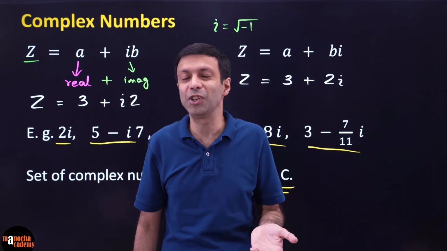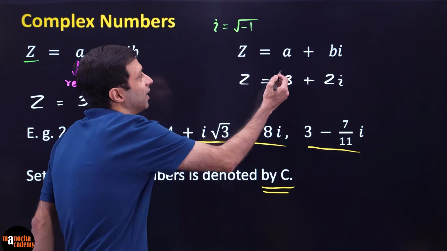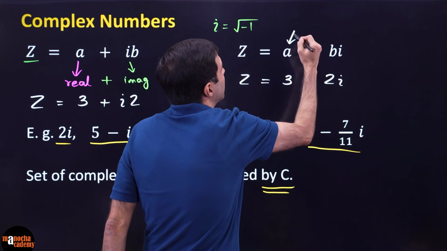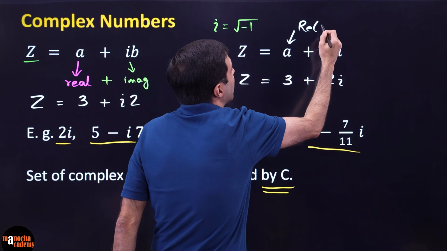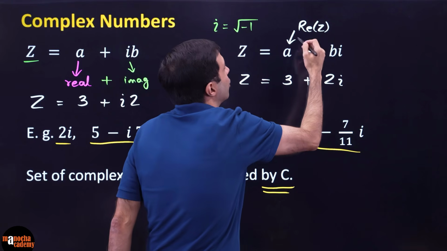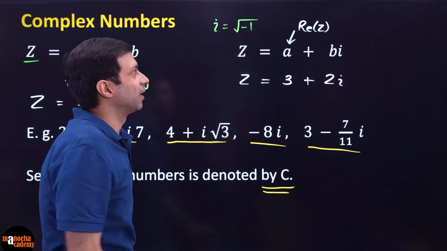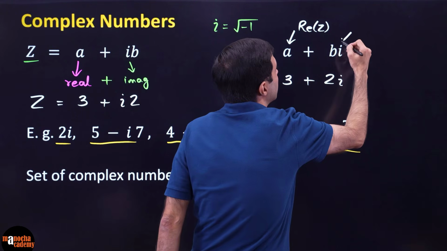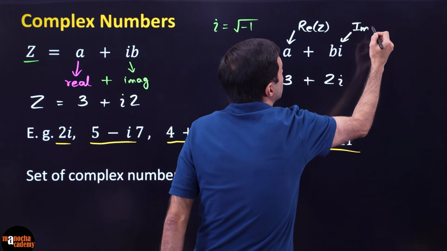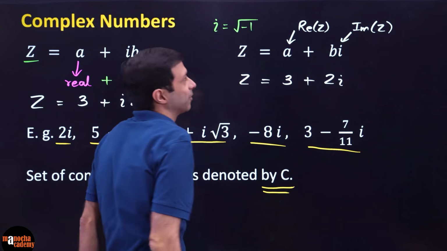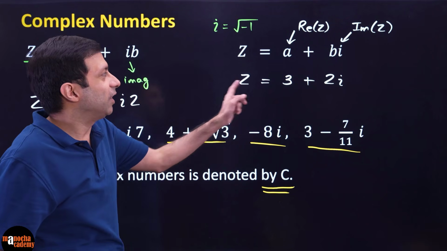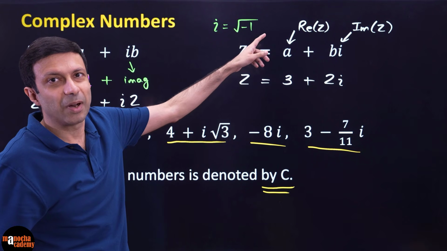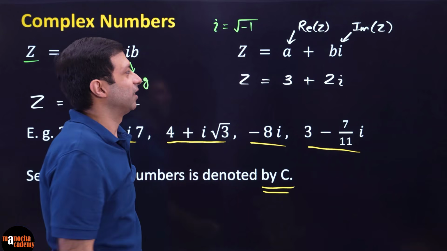Another notation that is often used in complex numbers is that this real part is represented as REZ. That means real part of the complex number. And this b iota part is represented as IMZ, the imaginary part of the complex number. So in this example, what will be the real part of the complex number? That's right.